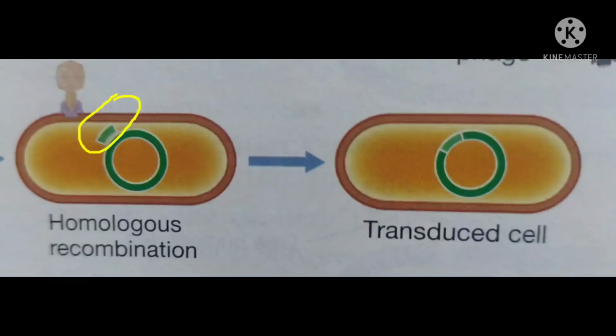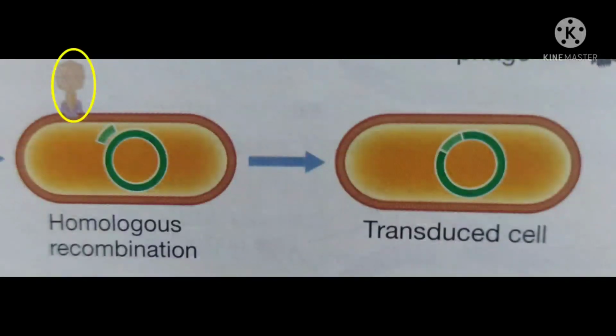The released genome later undergoes homologous recombination and is integrated into the bacterial cell genome. So you can see the previous bacterial genome is integrated into a new bacterial cell by means of a bacteriophage.